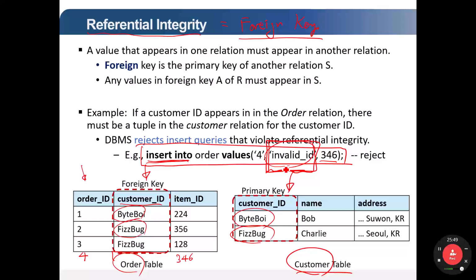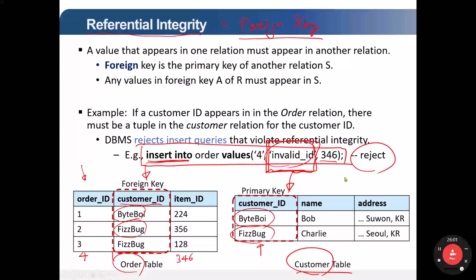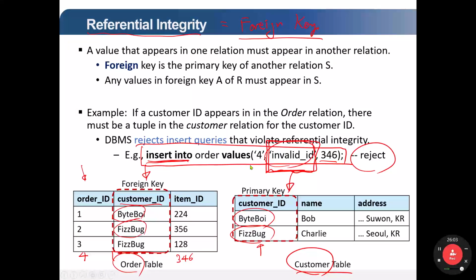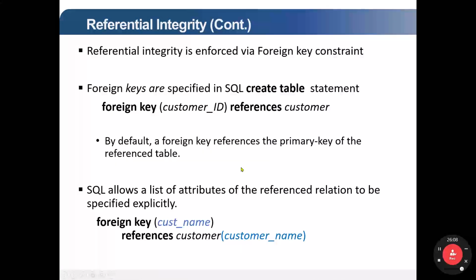And it will find out that this invalid ID doesn't exist in the primary key of the customer table. Then this insert statement is going to be rejected by the DBMS. Okay? This is called the referential integrity constraint.